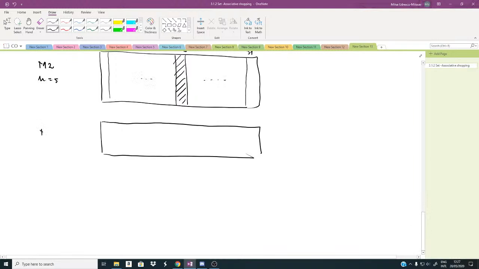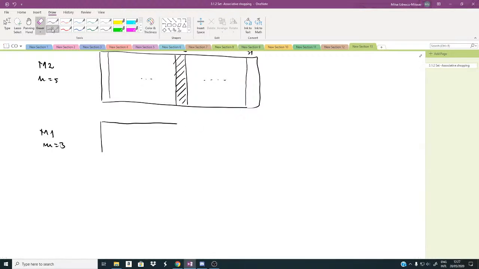This is the cache for M3, and it is like this.